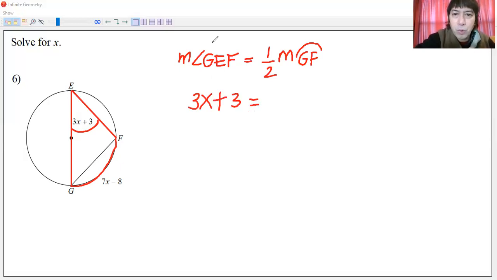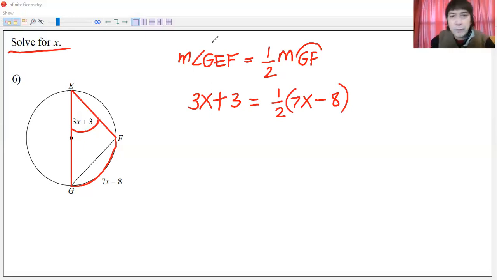And this is 1/2 of the arc GF, and this is 1/2 of 7x minus 8. Okay, let's simplify the equation and solve for x. The requirement: solve for x. So we multiply both sides by 2.